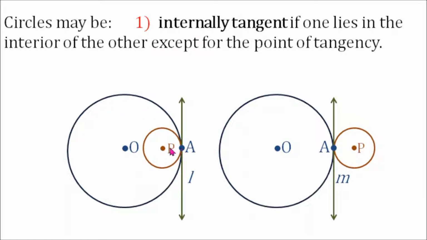So circle P lies in the interior of circle O except for point A, which is the point of tangency.